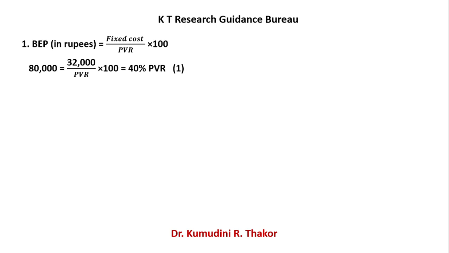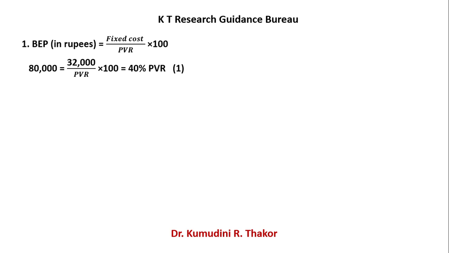So 80,000 is equal to 32,000 fixed cost by PV ratio into 100. So you find out first item, that is 40%. 40% is your PV ratio.